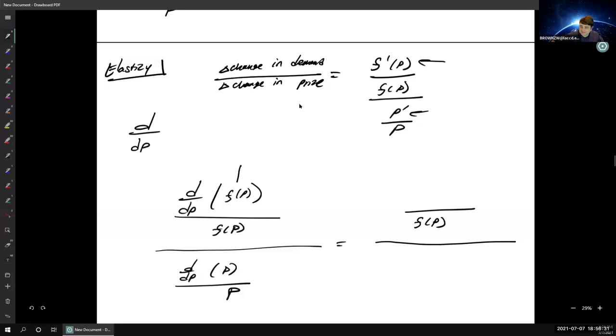So this is technically a chain: the outer function's derivative is f prime of P, multiplied times the derivative of the inner function, but we're taking the derivative of P as a variable, that's just 1.